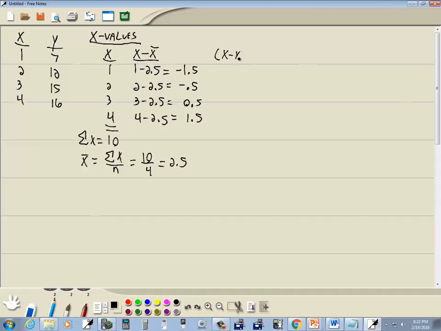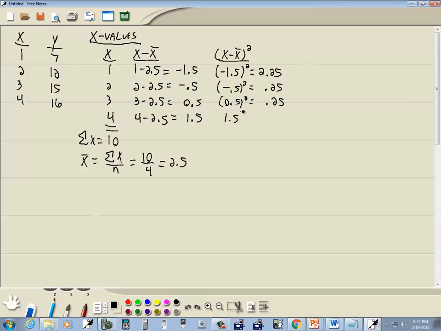So then I need x minus x bar squared. I'll take each one of these values and square them. Negative 1.5 squared is 2.25. Negative 0.5 squared is equal to 0.25. 0.5 squared is equal to 0.25.